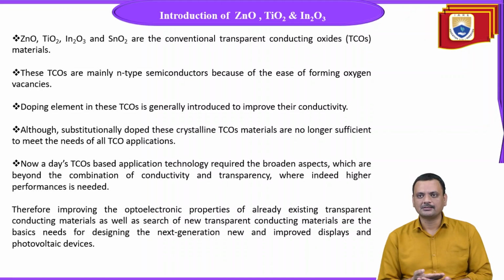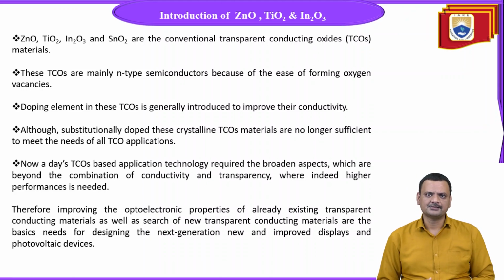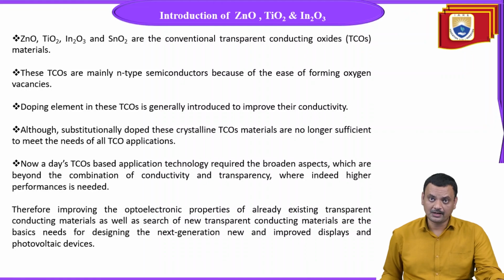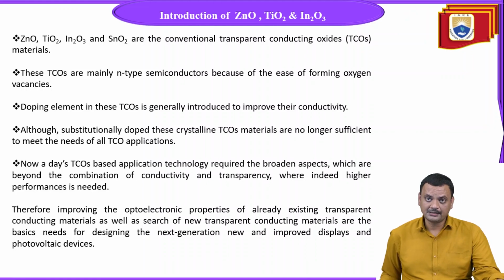As a host, they can already perform some optoelectronic function, but if you choose a suitable dopant, their optoelectronic behavior may be increased. So that's why analyzing the optoelectronic behavior of all these materials as a host is also very, very important.